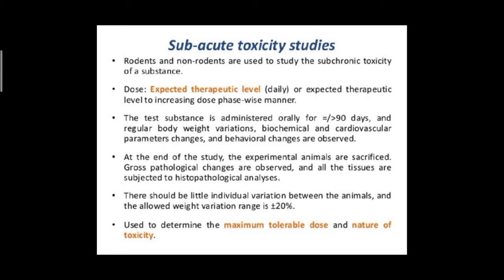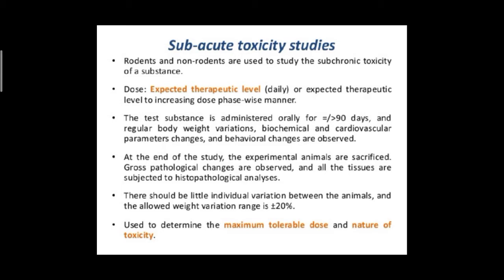Every organ they will take, and they will find the histopathological changes. If any cells have died or necrosis has happened, if any cells are damaged or not due to the particular repeated dose or not, and everything they will check. Okay, so this is about the subacute toxicity studies.